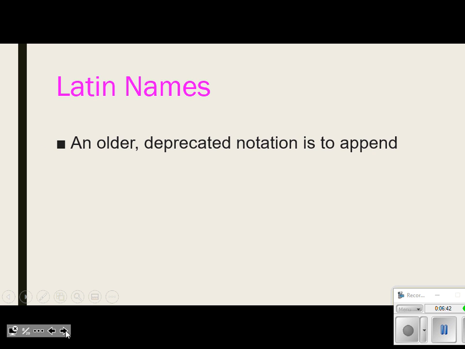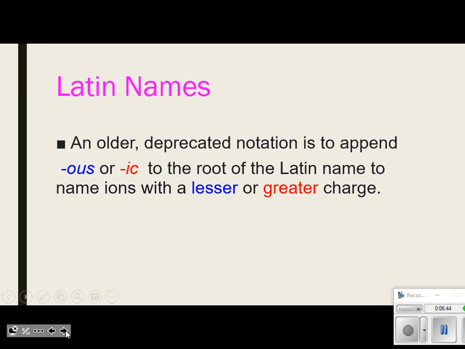You can see the OUS ending there on the very right-hand column. So these Latin names are older, deprecated notation that has an OUS or an IC added on to the root of the Latin name. OUS is the smaller of the two.